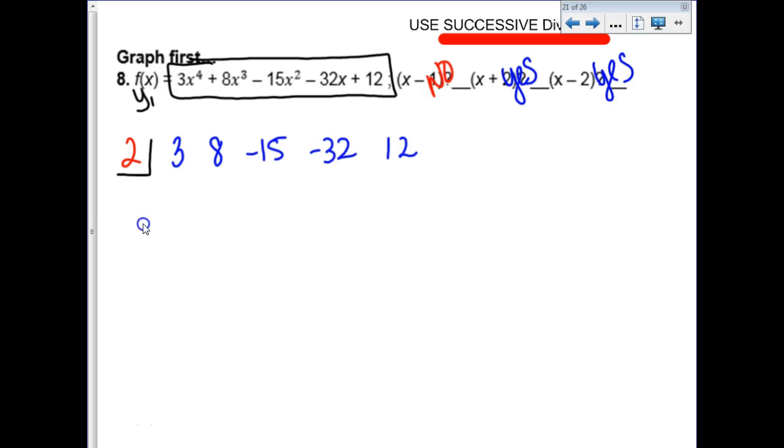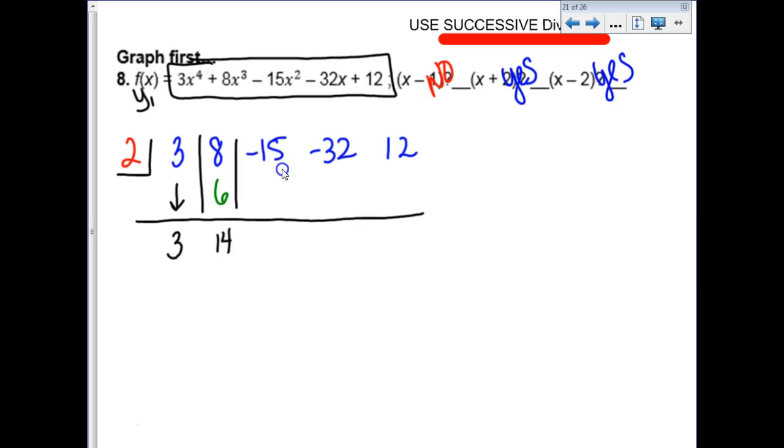Okay, here we go. Now, according to our calculations, this should come out to a remainder of 0. Otherwise, we have either made a misguided judgment or we just made a mistake. Let's see. 3 times 2 is 6. 8 plus 6 is 14. 14 times 2 is 28. -15 plus 28 is 13.